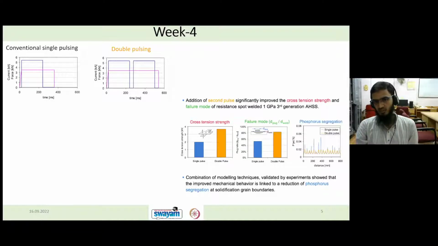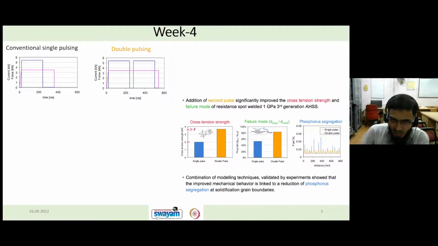Addition of a second pulse significantly improved the cross tension strength and failure mode of resistance spot welded 1 GPa third generation advanced high strength steel. In single pulse the cross tension strength is approximately 2 kilonewton, and when you use double pulse it goes to let's say 3.8 or 3.9 kilonewton. So obviously this single to double transition will increase your cross tension strength.